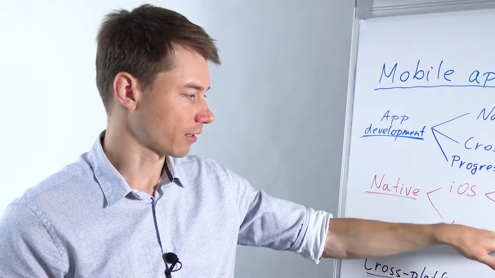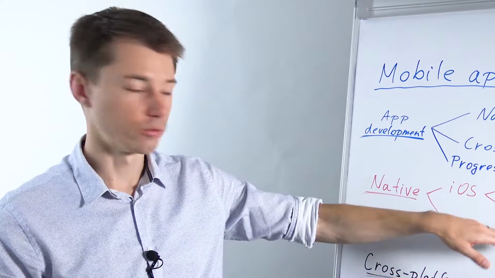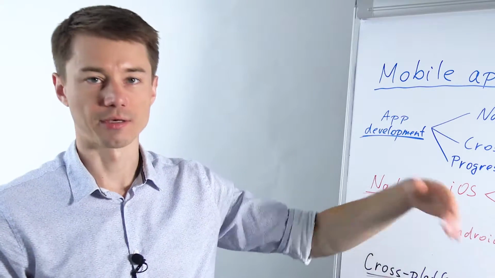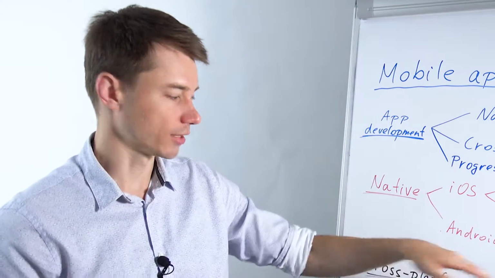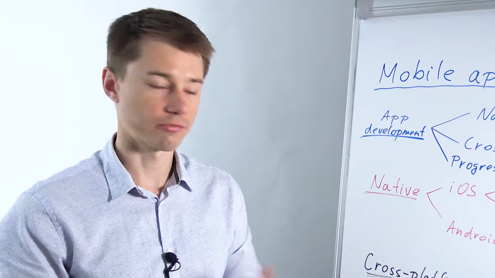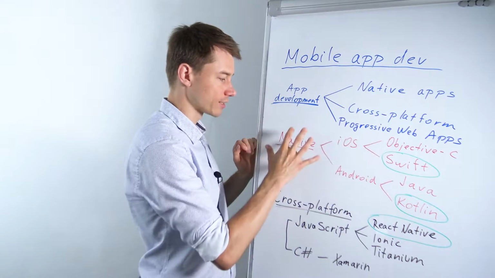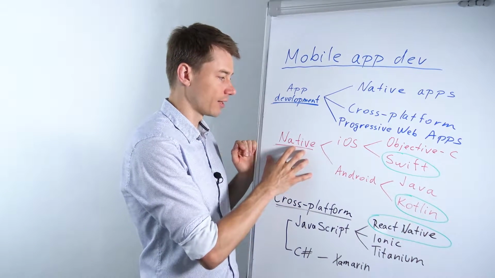So they work with two technologies, two programming languages, Java and Kotlin. Java is the one used historically, and Kotlin is the new fresh one used in recent years. So this is what you guys need to know about the native applications.